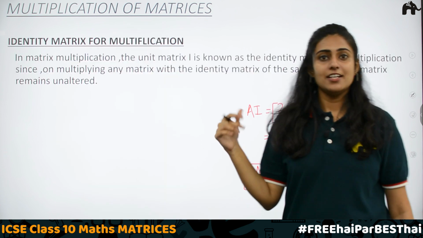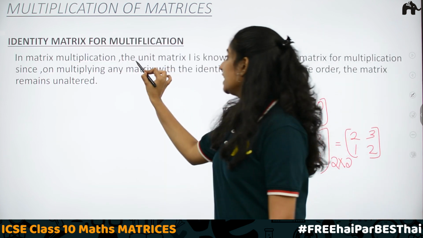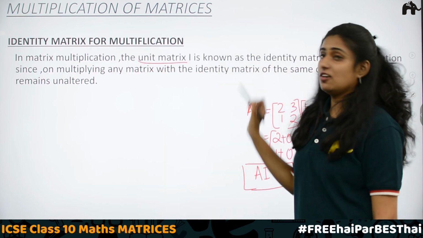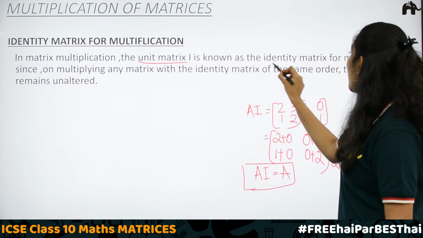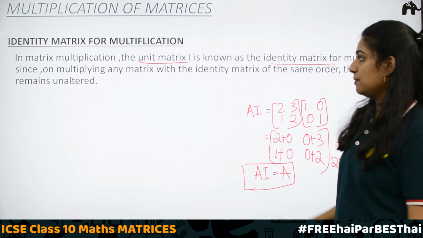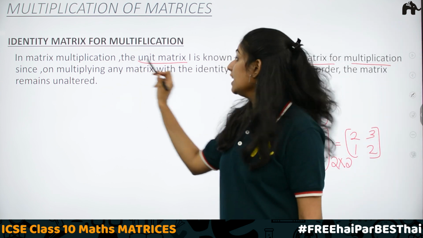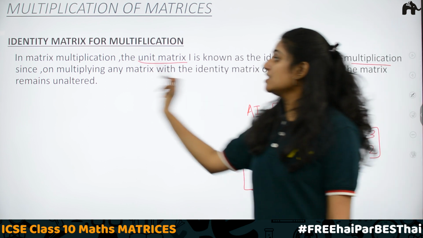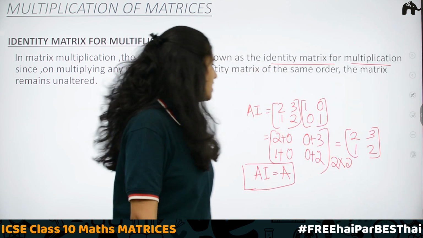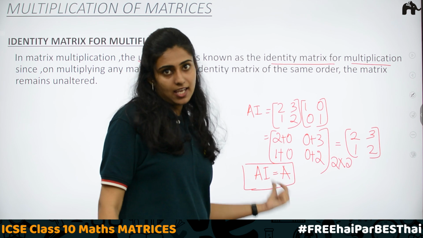Therefore, in matrix multiplication, the unit matrix I, or we will call it identity matrix, is known as the identity matrix for multiplication, since on multiplying any matrix with the identity matrix of the same order, the matrix remains unaltered. Here in this example, we are getting the same matrix A itself.